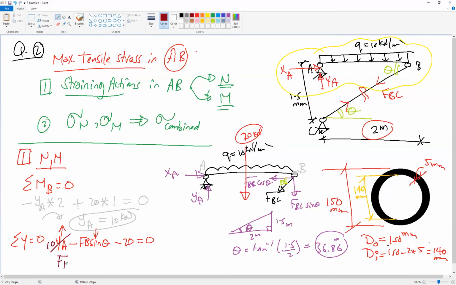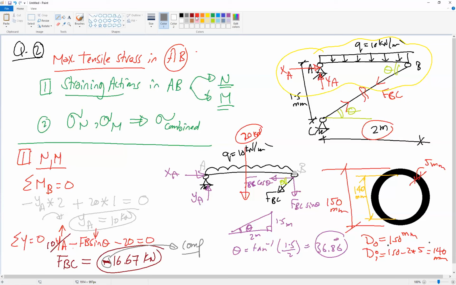This gives us FBC equal to negative 16.67 kilonewton. What does the negative sign mean? It means that our assumption was not right, and this force is a compression force.